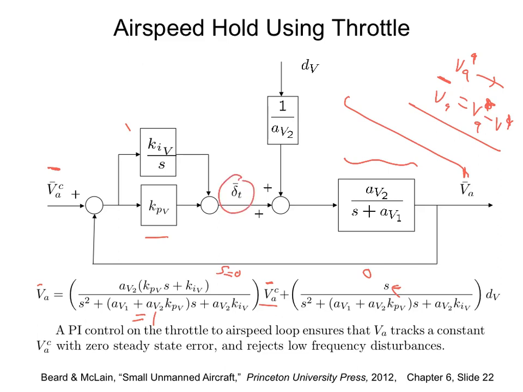Again, delta t bar is delta t minus delta t star. So this is the deviation, the extra throttle you should apply. That is what is being computed in this loop.